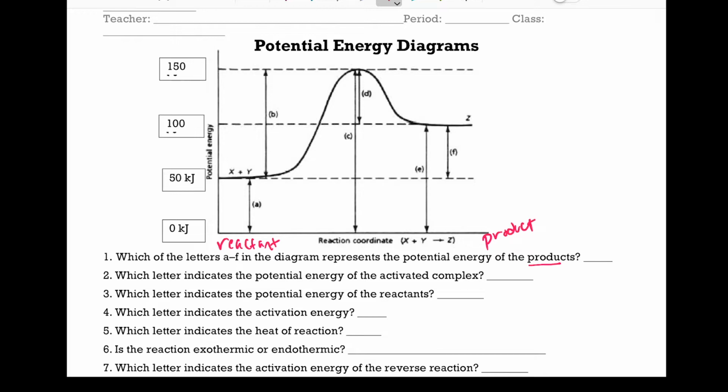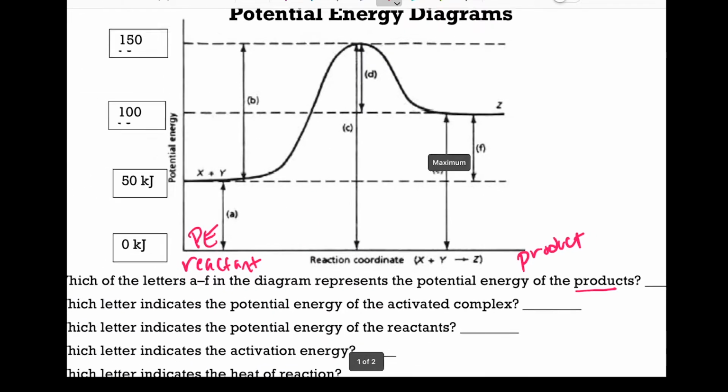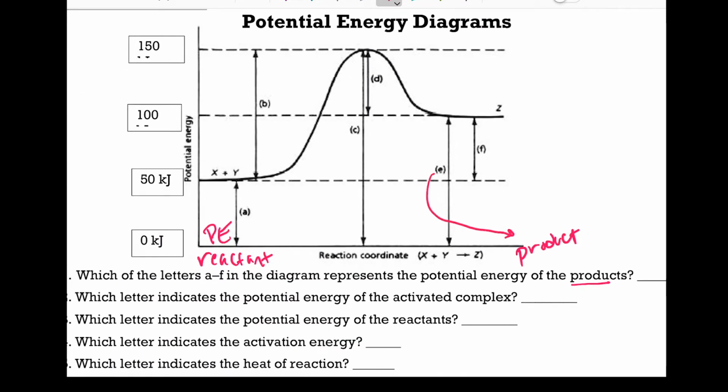So even before we go over answers, let's quickly label all this stuff. So A is PE of the reactants. What letter is that? E, I think, whatever this one is PE of products. F is going to be your delta H. B is your activation energy.